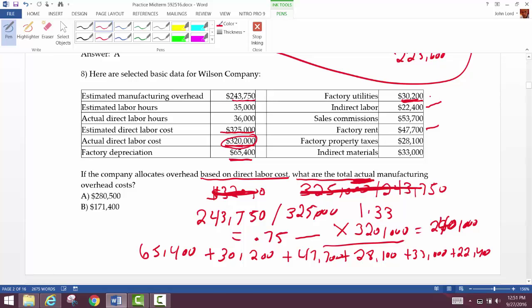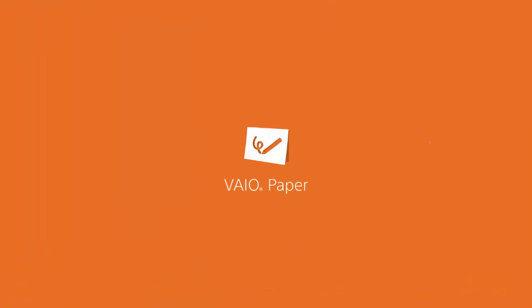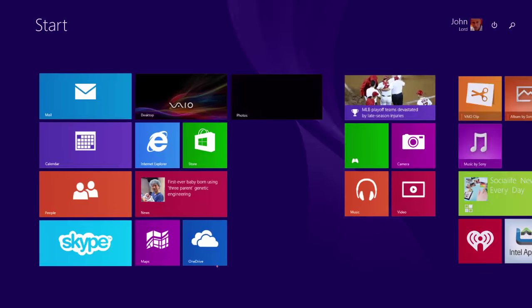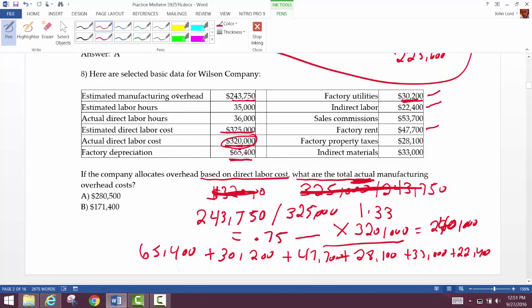Okay. Got the utilities. This thing's gonna drive me nuts. Got the utilities. Got the indirect labor. Got the factory rent. Got the factory property taxes, indirect. Anything else?